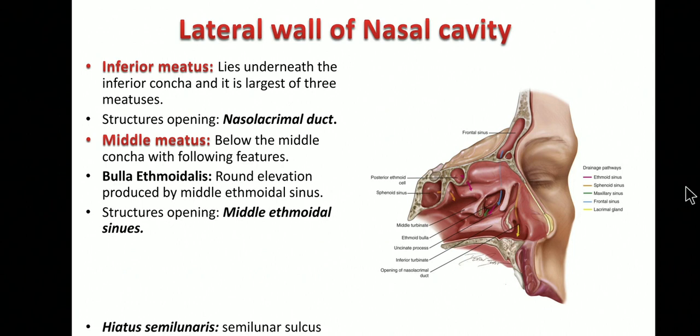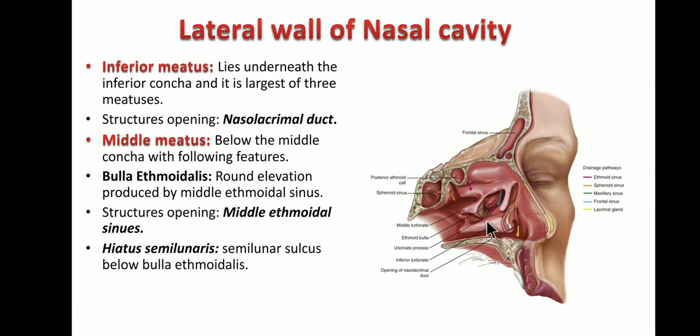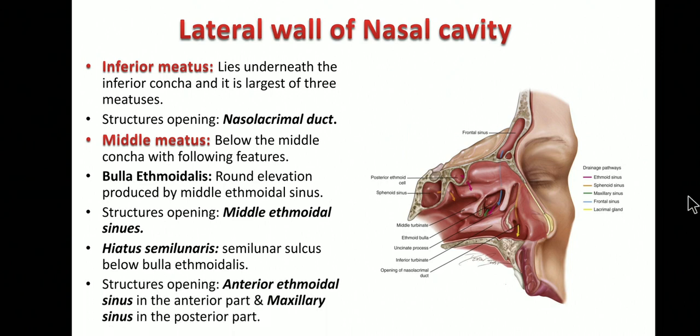Next, as I told you, the hiatus semilunaris is a semilunar sulcus below the bulla ethmoidalis. Regarding structures opening in the anterior part, it will receive the anterior ethmoidal sinus, and the maxillary sinus opens into the posterior part of the hiatus semilunaris.